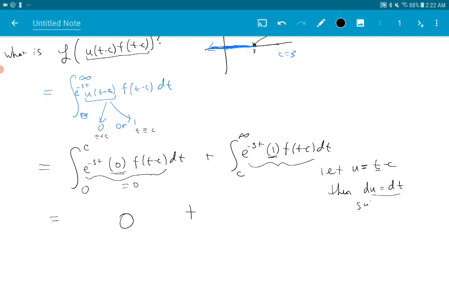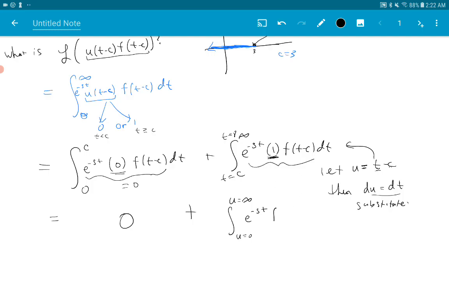You substitute both of those into this integral, and we get the integral. This is from t equals c to t equals infinity. When t is c, what's u? u would be c minus c, so u would be 0, up to u equals infinity of e to the negative st. Of course, I don't need the 1 because they're just multiplying.